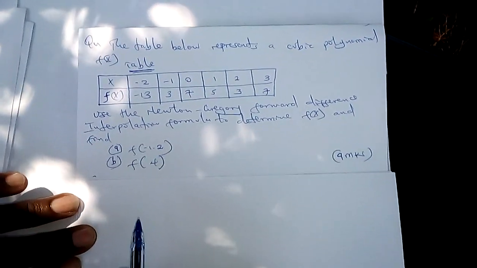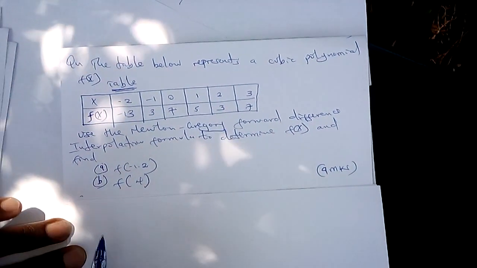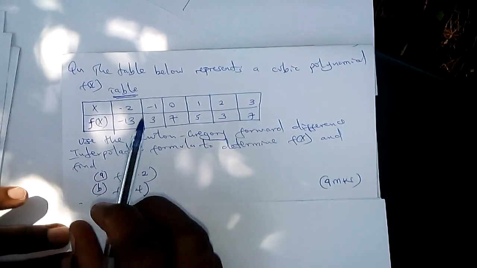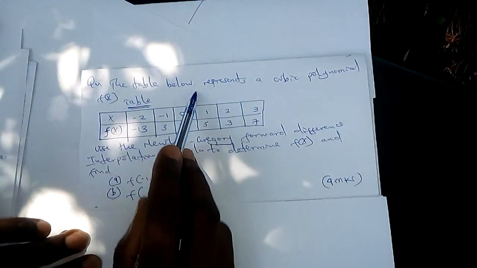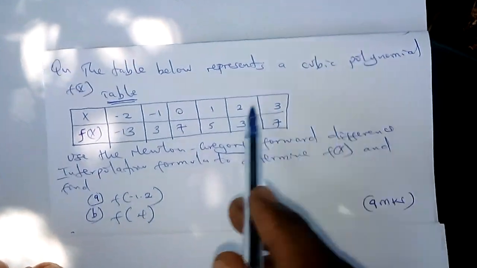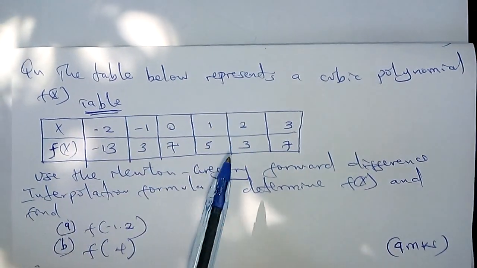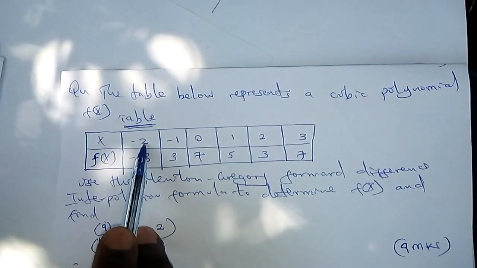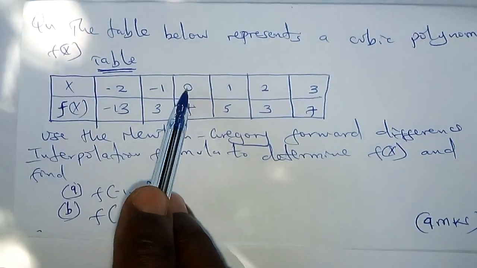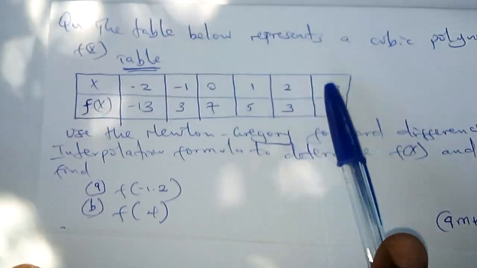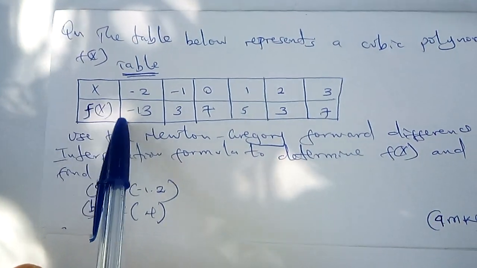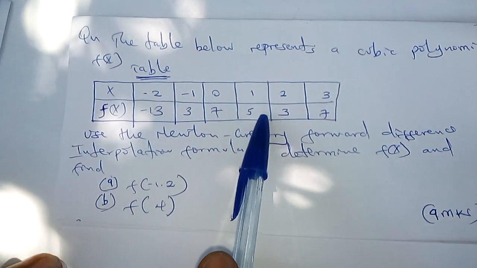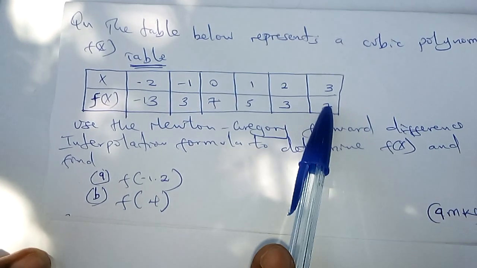Yes, we have a question under numerical method, Newton Gregory. The question states that the table below represents a cubic polynomial f function of x. The table is x equals -2, -1, 0, 1, 2, 3, and f of x is -13, 3, 7, 5, 3, and 7.